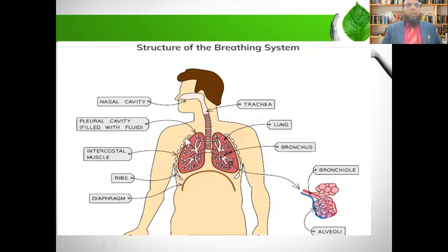Also, you can see that the lungs are protected by the rib cage. The rib cage is the bony skeleton, which has the intercostal muscles. Also, down below you can see the dome-like structure. This is called the diaphragm. So this is a simple structure of the respiratory system.